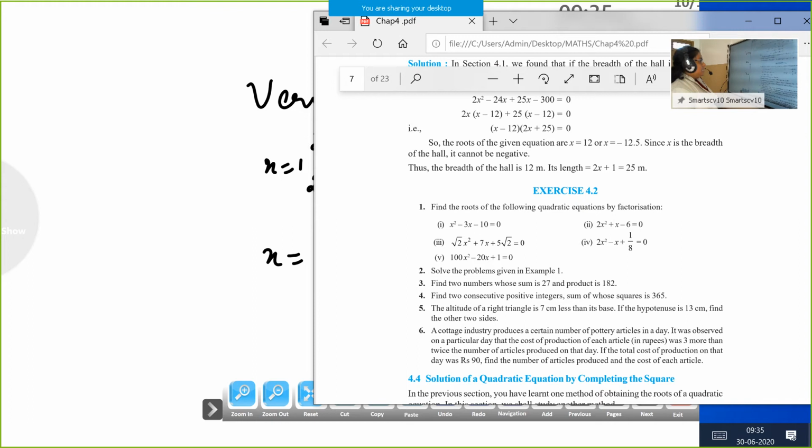Find the roots of the following quadratic equations by the factorization method. Do it, this is homework. There are 5 questions. You know how to split the middle term.